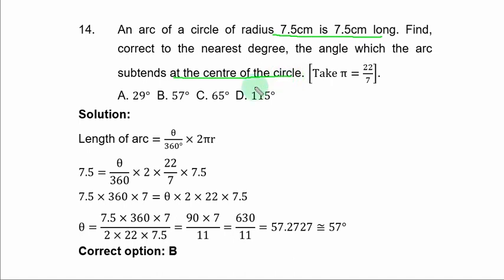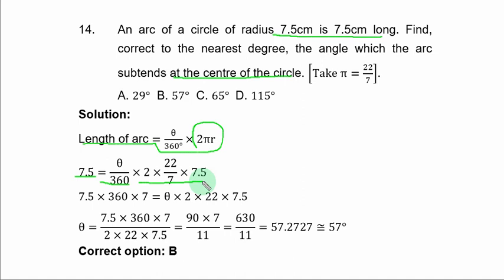The long there means the length. So length of an arc is equal to theta over 360 degrees times 2 pi r. You are asked to find theta. So the length of the arc 7.5 equals theta over 360 times 2 times pi, 22/7, times radius 7.5.